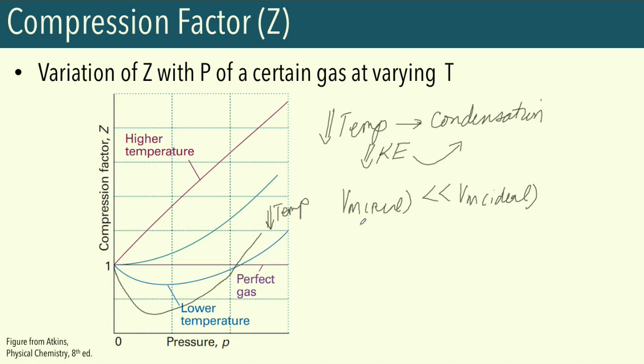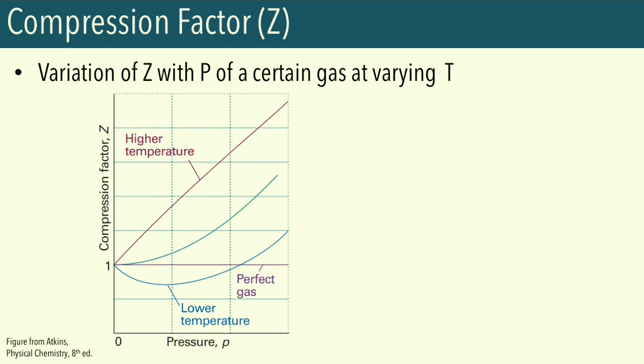Okay, so this happens to the extent that the volume of the real gas starts approaching that of a liquid. Okay, and we do know that the volumes of liquids are much, much smaller than the volumes of gases. Right, so overall, we could start seeing that intermolecular forces of attraction are taking hold in order to have liquefaction or condensation, phase changes.